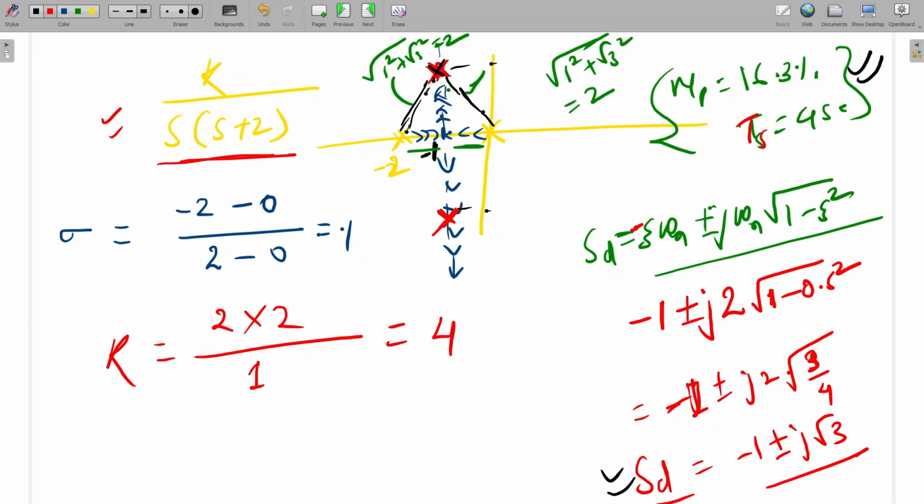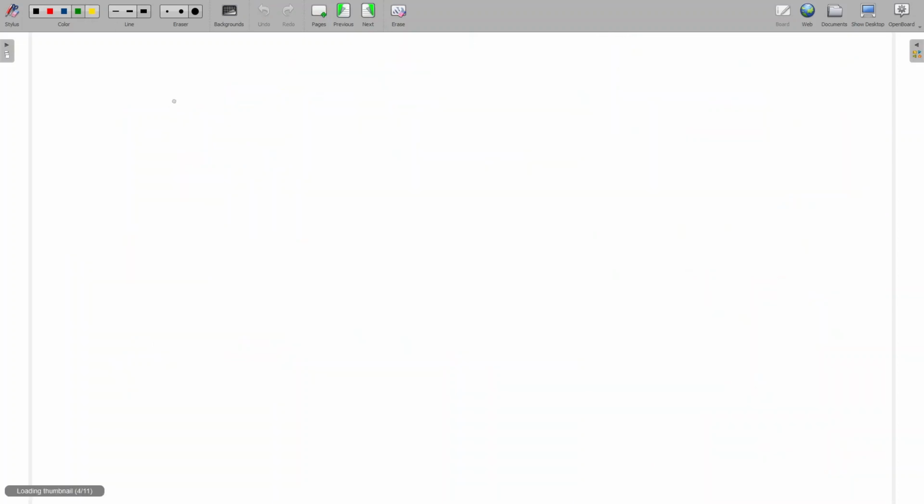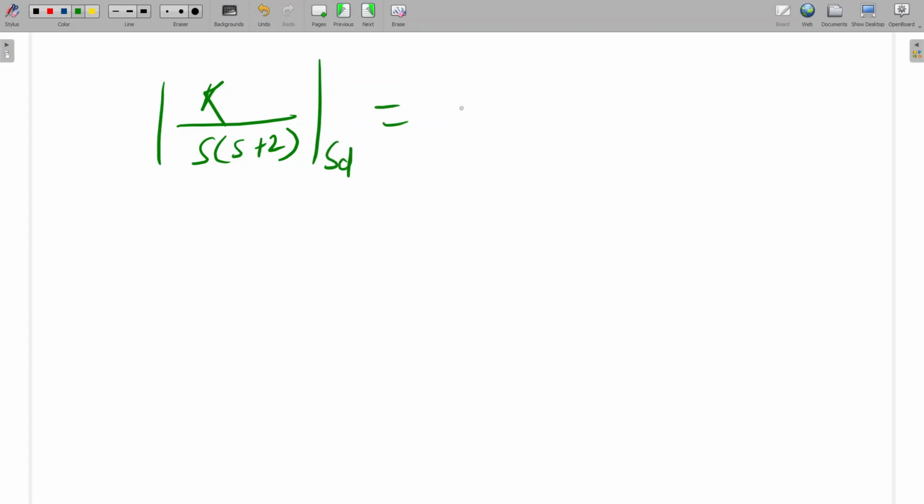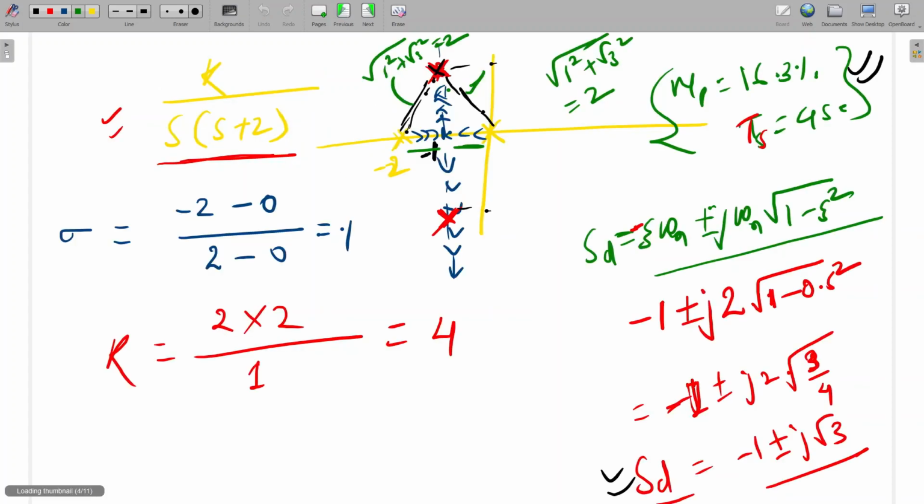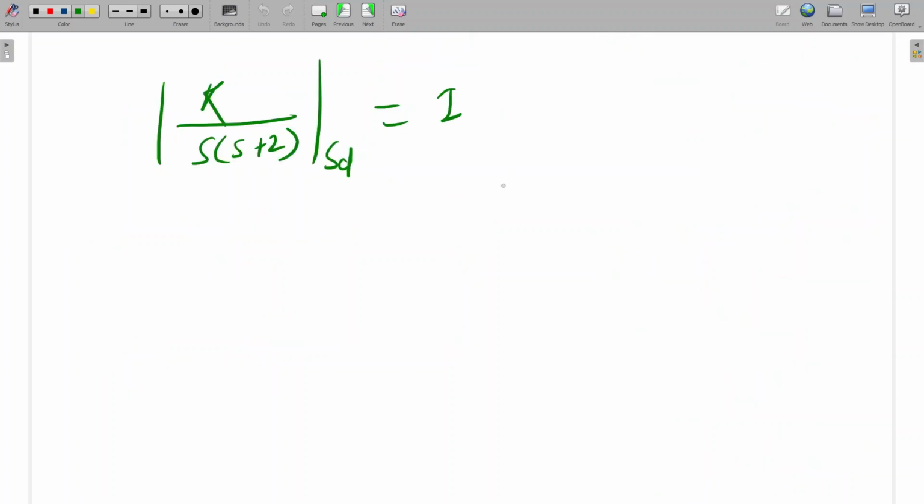Is it clear? One other method is there: the magnitude criterion we can apply. What is the magnitude criterion? K divided by s into s plus 2, at the desired pole, should be equal to 1. If this pole lies on this root locus and this desired specification is required, then this magnitude should be equal to 1. So sd is equal to minus 1 plus minus j root 3.